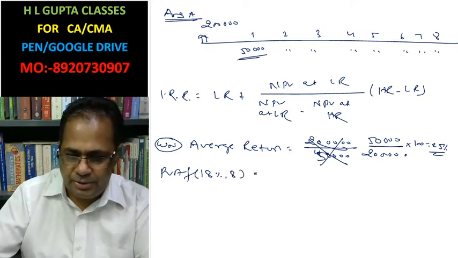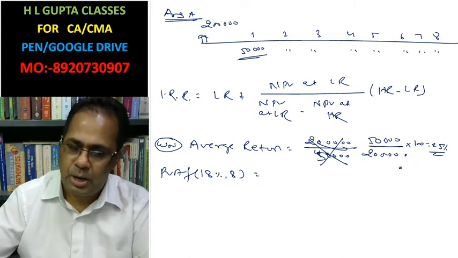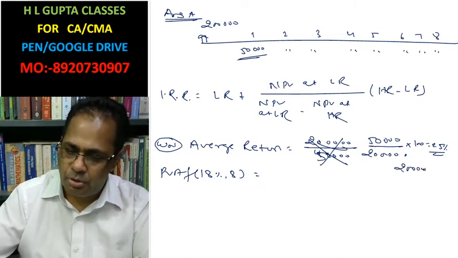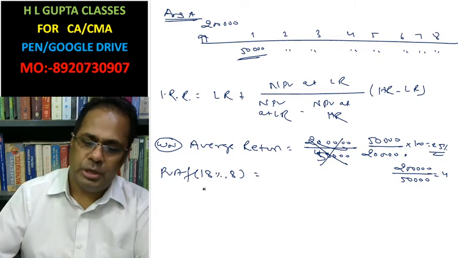The present value annuity factor should be nearby 4. Why nearby 4? Because 2 lakh you have invested, 50,000 is coming. This is the 4.